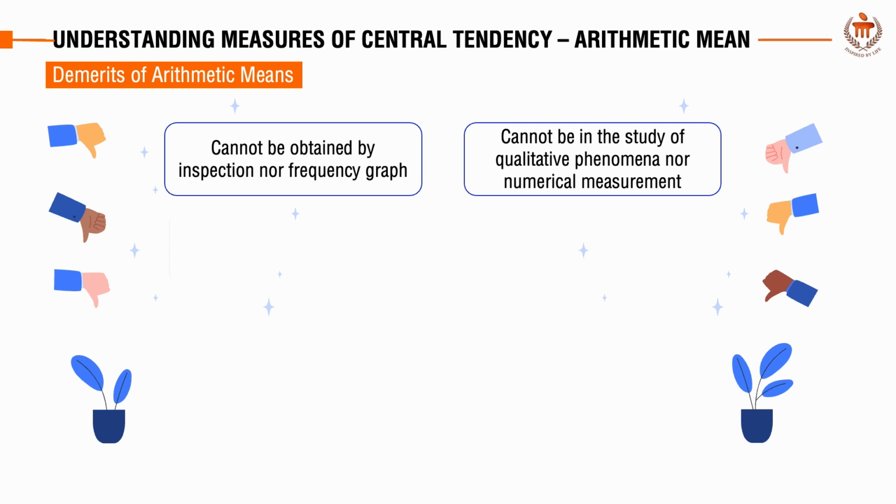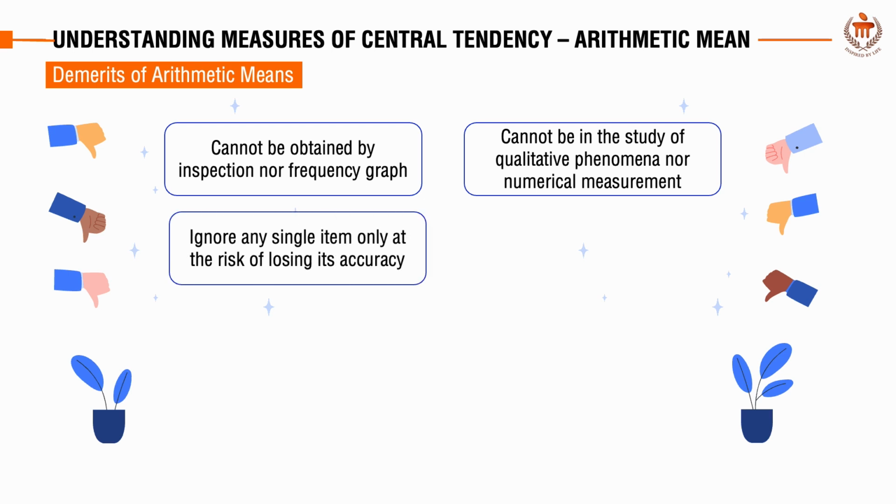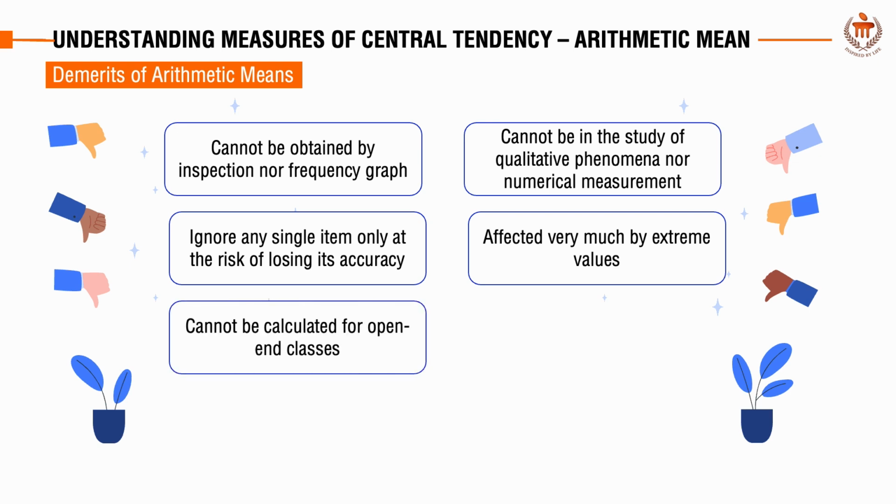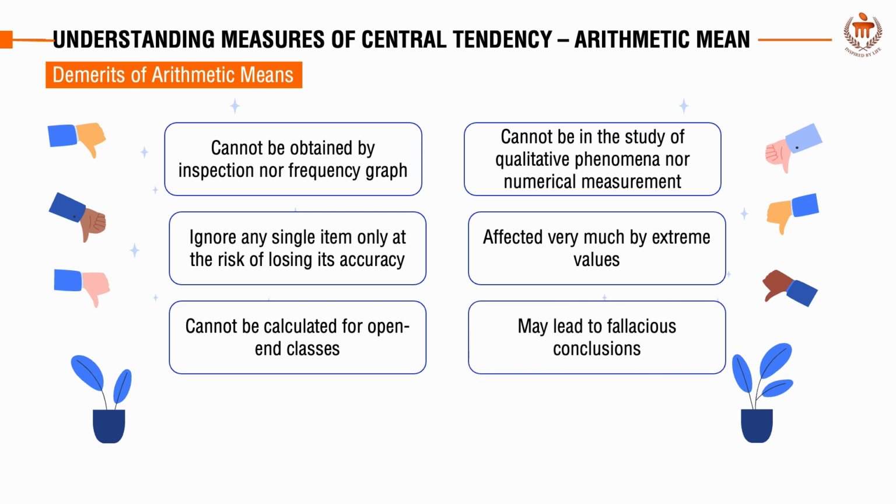For everything, we need numerical data. It ignores any single item only at the risk of losing accuracy, and it is affected very much by extreme values. It cannot be calculated for open-ended classes, and it may lead to fallacious conclusions.